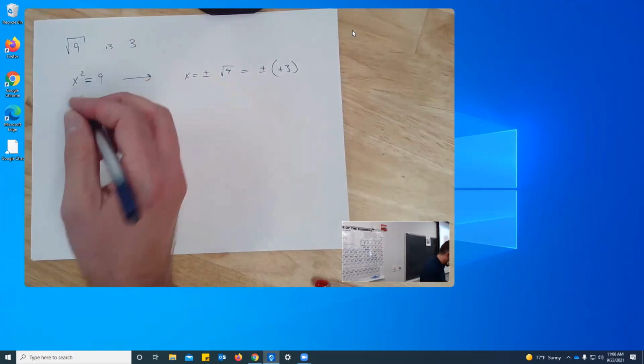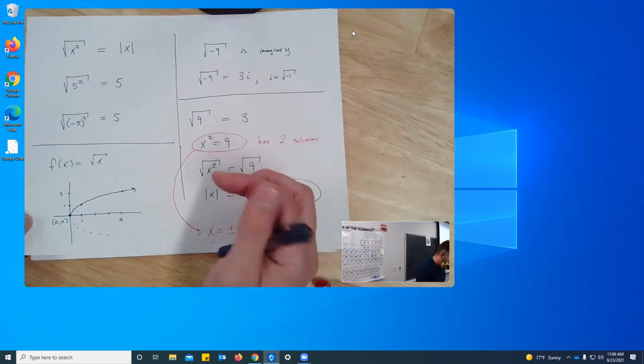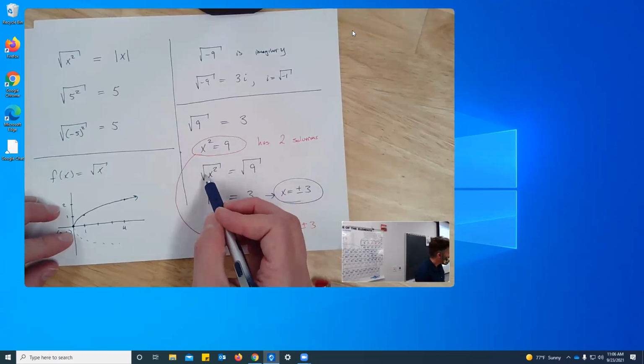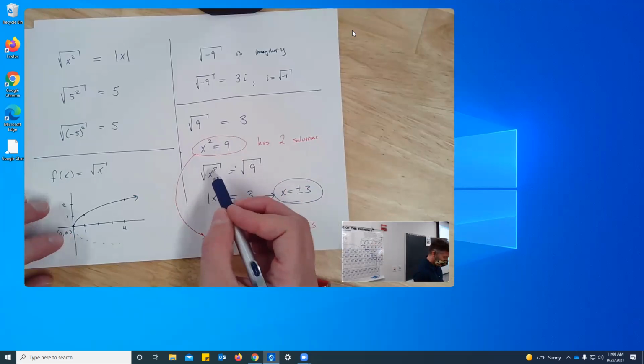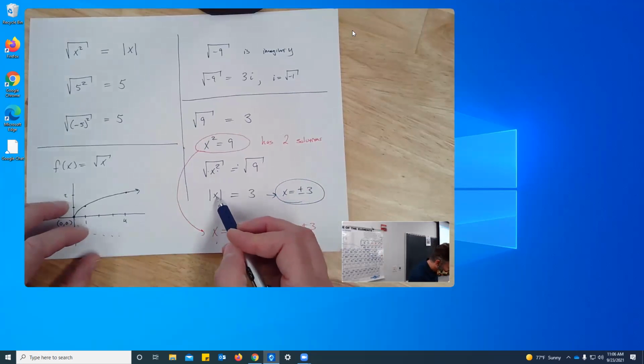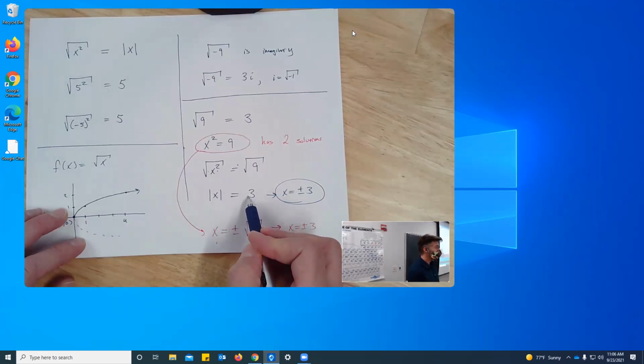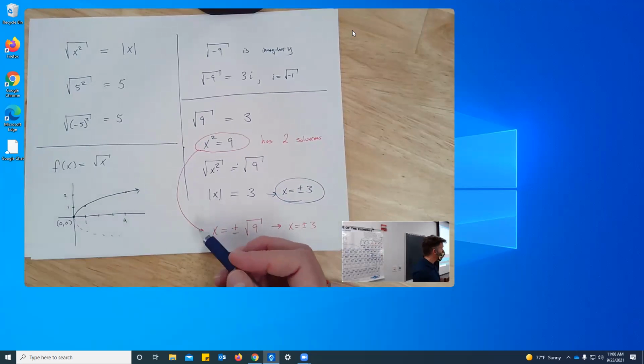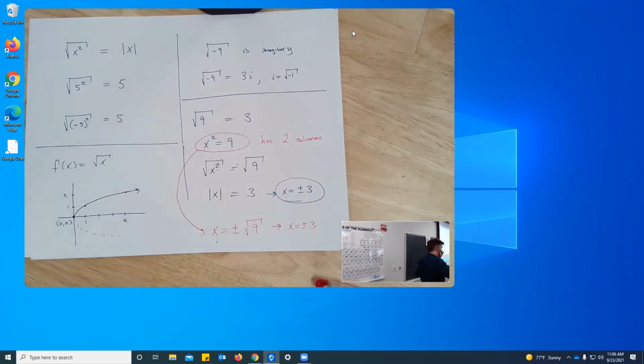When you solve this, you're taking the square root of both sides. And when you take the square root of x squared, as we have seen in depth, the square root of x squared is the absolute value of x. And when you're solving the absolute value of x equal to 3, you're getting multiple solutions, because the absolute value of 3 is 3. That's a solution. And the absolute value of -3 is also equal to positive 3, so it's also a solution.